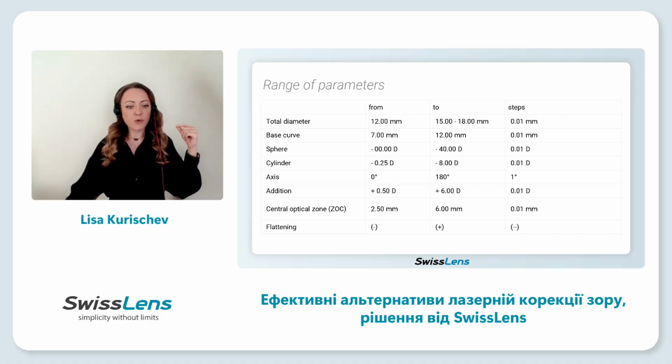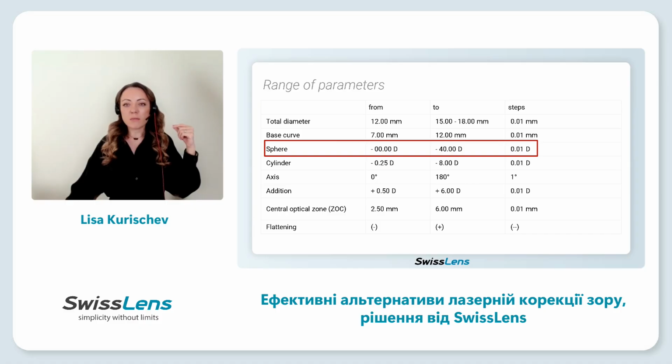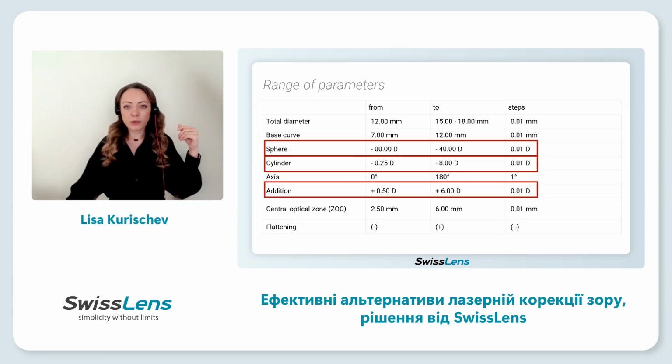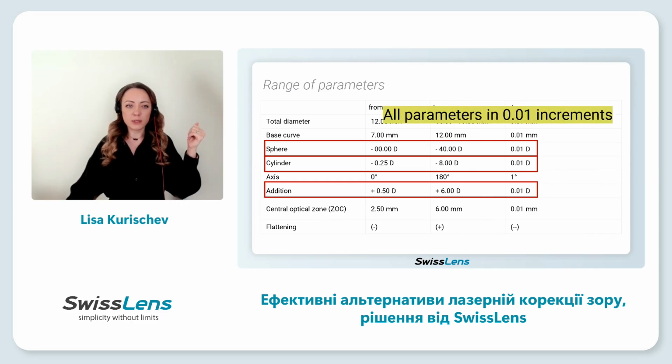You can order, for example, a lens with -8, cylinder -6, and you can choose your peripheral defocus. When you take a standard lens with our calculator, we suggest to take 2.5, but you can always take what you want. And all those parameters you can get in 0.01 steps.